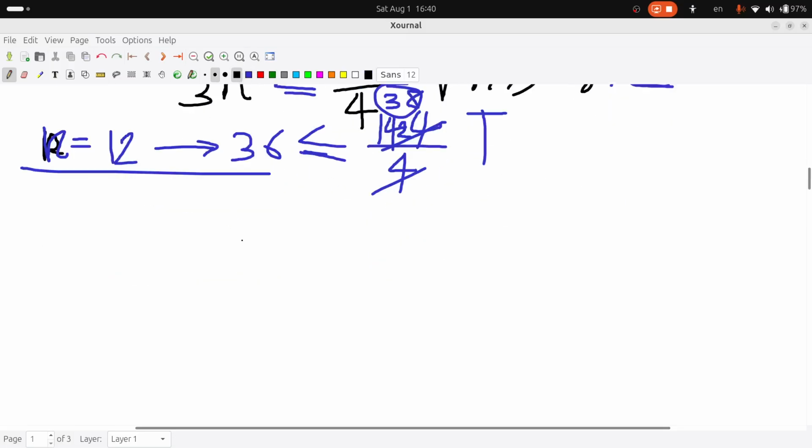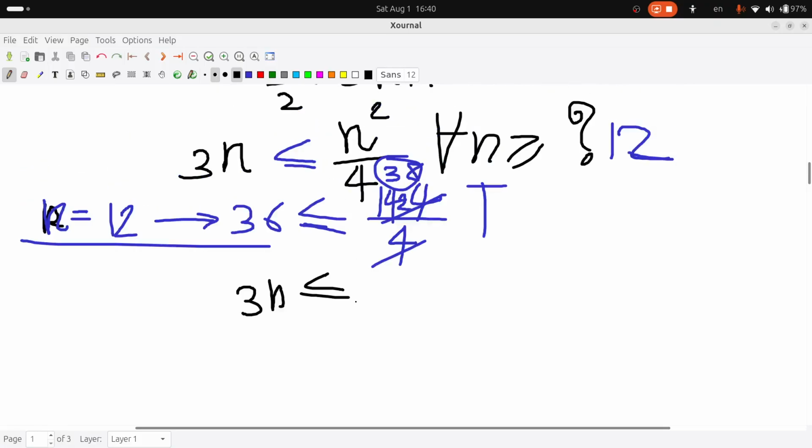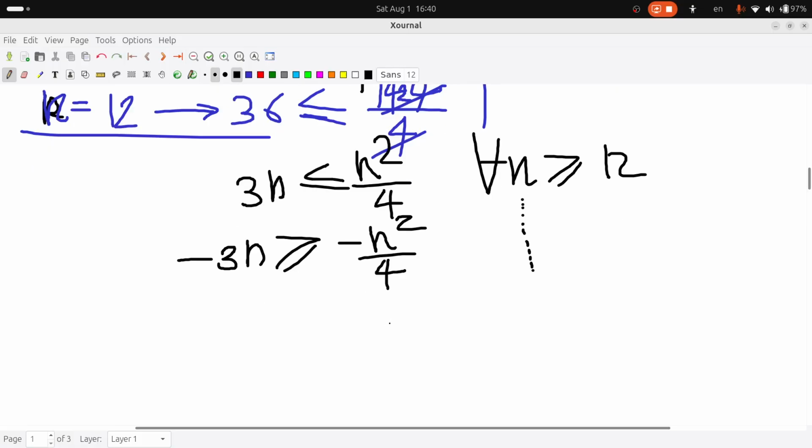After that we can write the same. We know that 3n is less than or equal to n squared divided by 4 for all n greater than 12. We multiply both sides by -1, the sign will be in the opposite direction, so we have negative n squared divided by 4.